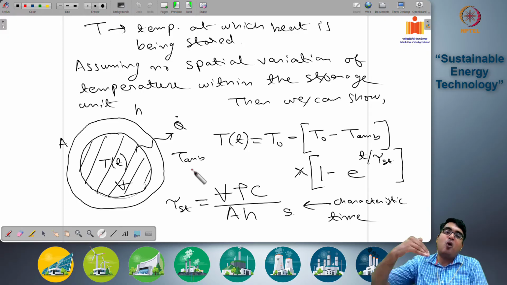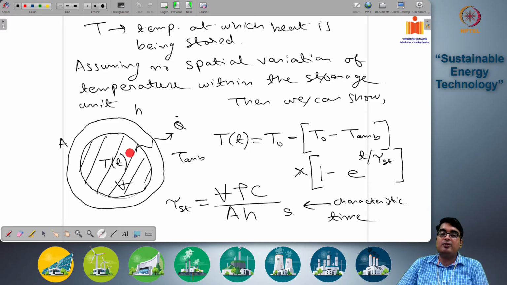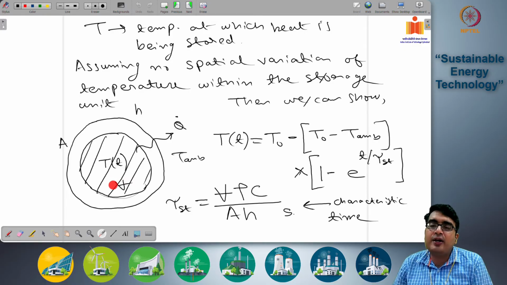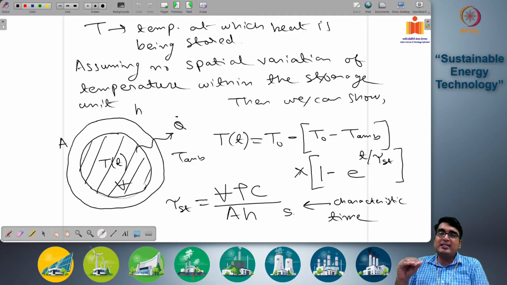The temperature on average is changing with time, whereas there is no spatial gradient. This is a very drastic simplification, but it gives you an overall order of magnitude analysis of the time it takes for the energy storage medium to lose its heat and reach the ambient. So this is the characteristic time.